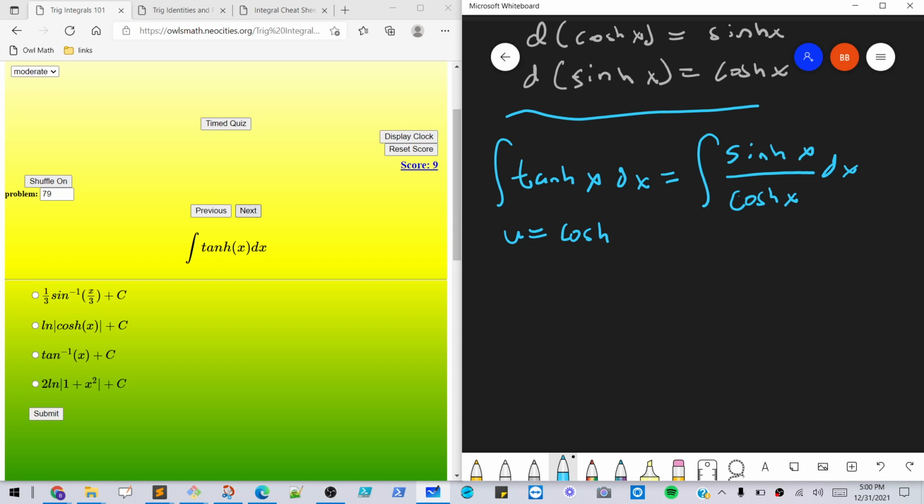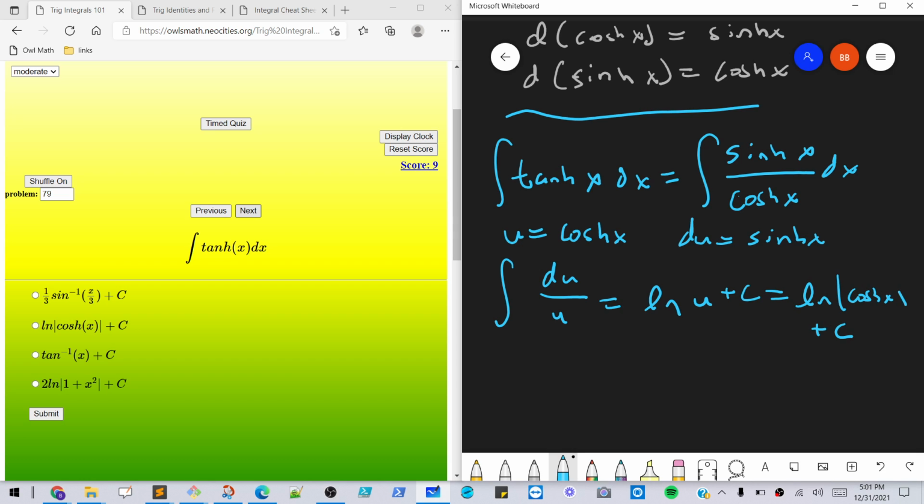I don't want you to confuse the sign as in plus or minus with sine as in the trig function. Anyway, the derivative of this is just sinh. This is going to end up being du over u, which is ln of u plus c, which is going to be ln of cosh x plus c.